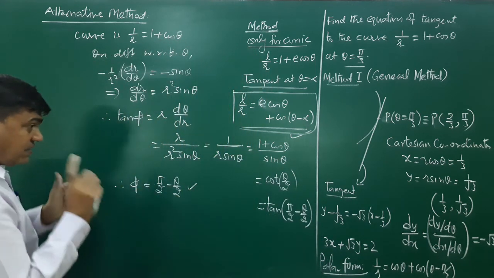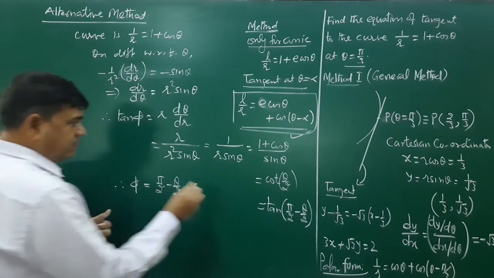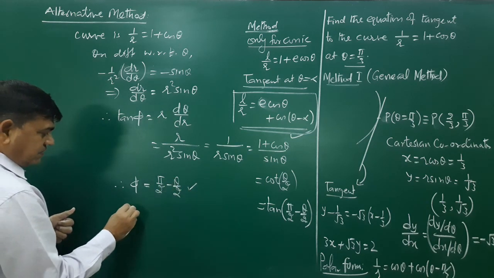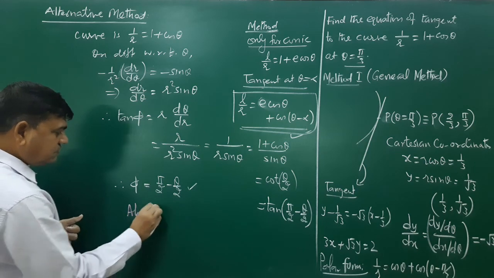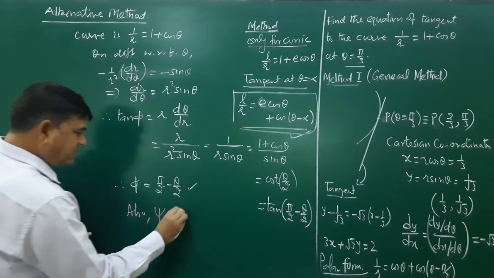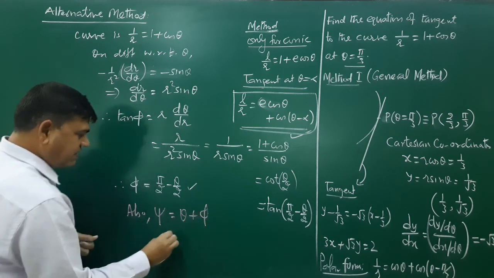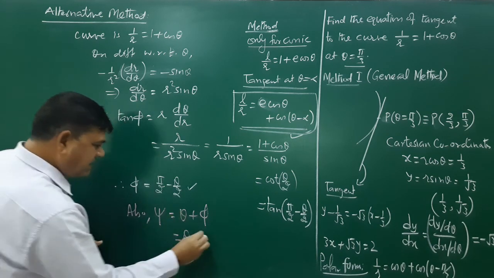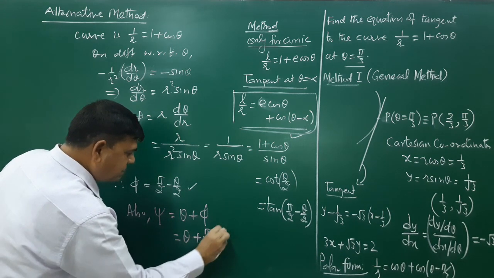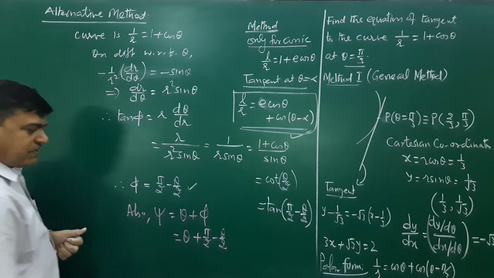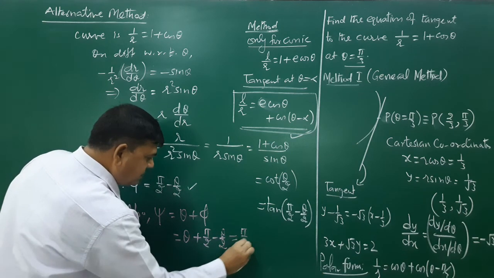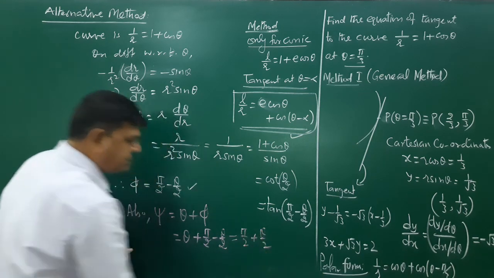Now we can find the angle psi. You people know that psi is theta plus phi. We have calculated phi as pi by 2 minus theta by 2, so psi is pi by 2 plus theta by 2.